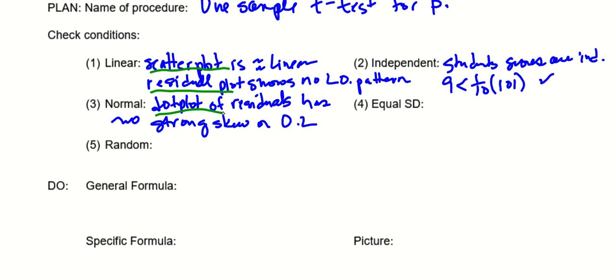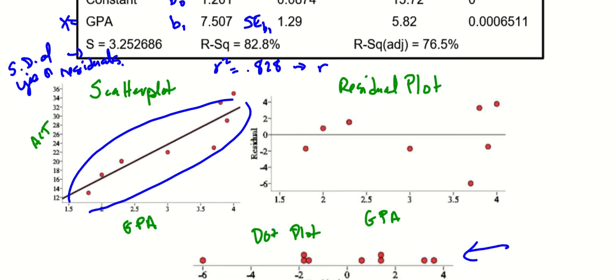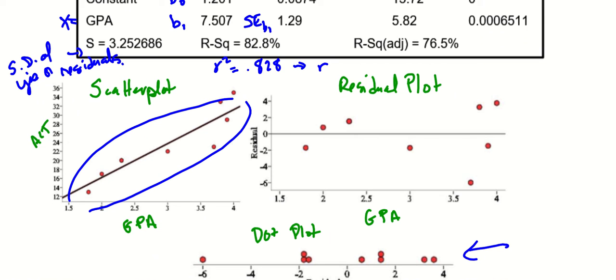So far we've looked at the scatter plot and the residual plot for linear. We've looked at our dot plot for normal. And now we're going to look at equal standard deviation. So for equal standard deviation, we're going to refer back to our residual plot. And what we're going to look for on our residual plot is that the scatter doesn't increase or decrease as our x variable increases.